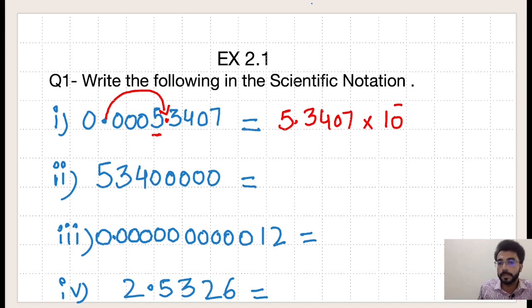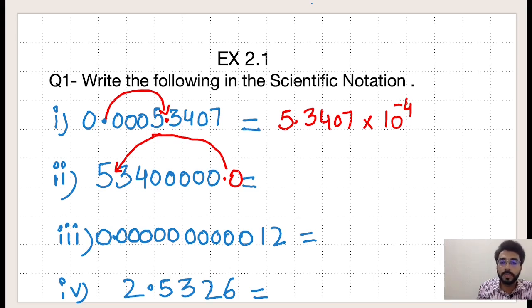So students, now focus on the second part. A decimal point is not written here, but the decimal point is already here. Where is it? It is on the rightmost side, the point 0 here. So we have to move this decimal point from here to this point. Now the decimal point is moving from right to left.